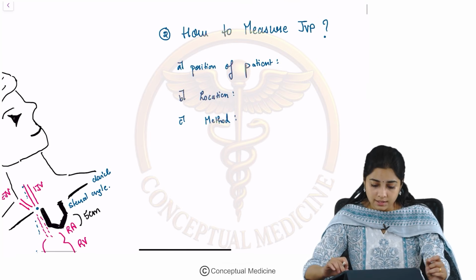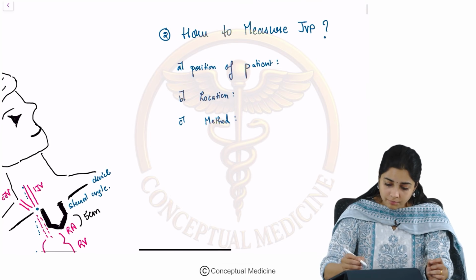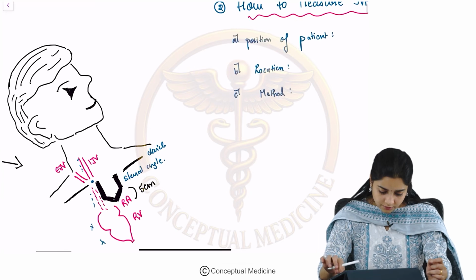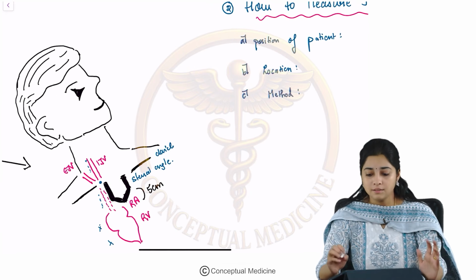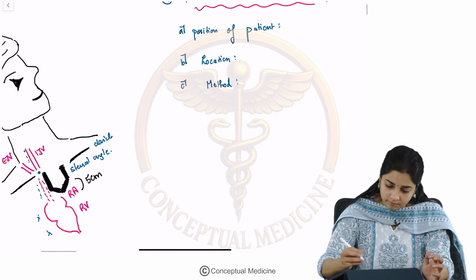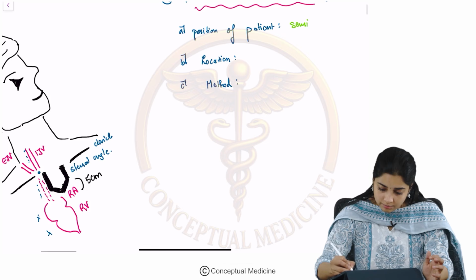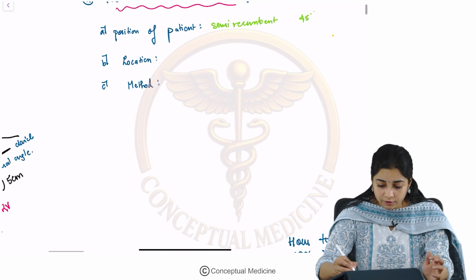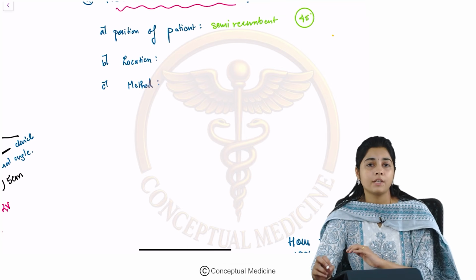This brings us to the second question. How do we measure the jugular venous pressure? What is the position of the patient? As you can see here, the patient is in a semi-recumbent position, at an angle of 45 degrees. But this was according to convention.